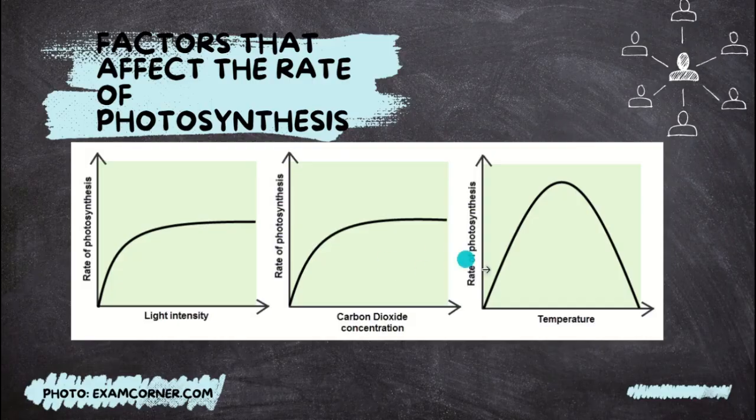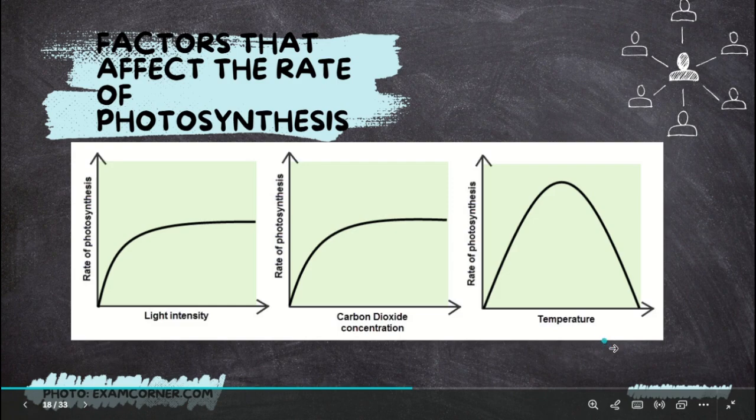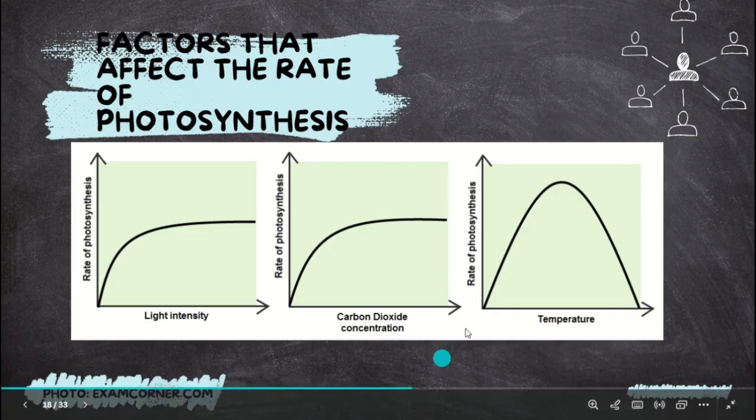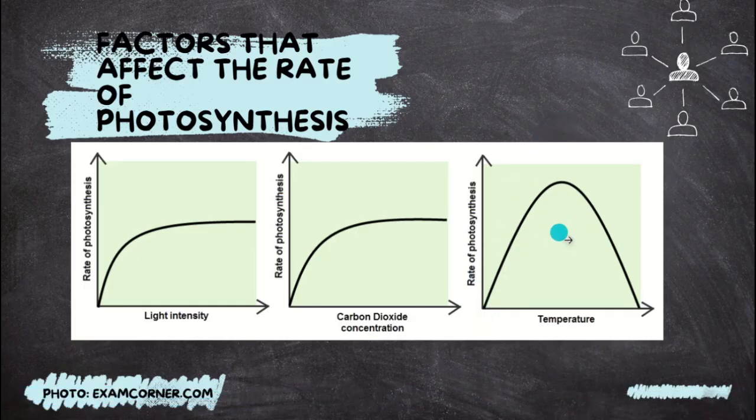So then for the temperature in the plants, we know that we have a lot of enzymes involved in most of these processes. So what's going to happen with temperature is it's going to start off, increase, and reach the optimum temperature, because every organism has an optimum temperature that it works best at.